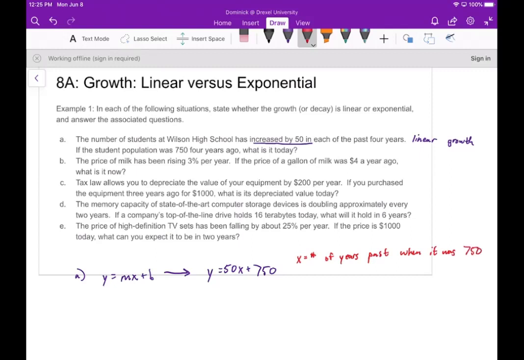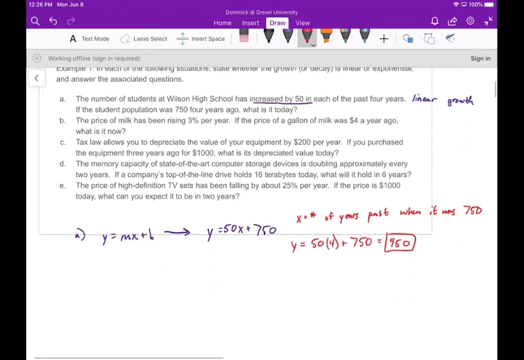So to answer this question, we want to make x equal to 4. So it'd take 50 times 4 and add that to 750. And 50 times 4 would give me 200. And when we add that to 750, we would get 950. Okay, so that's part A.